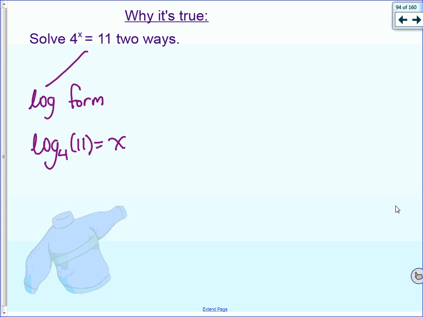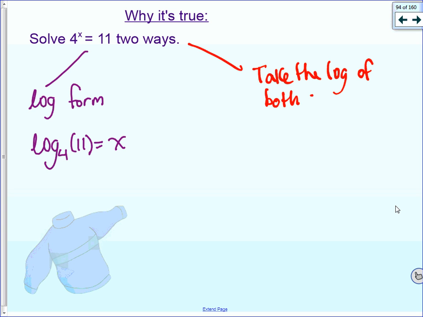But the other way to do these problems is to take the log of both sides. And when you take the log of both sides, this is what it looks like.